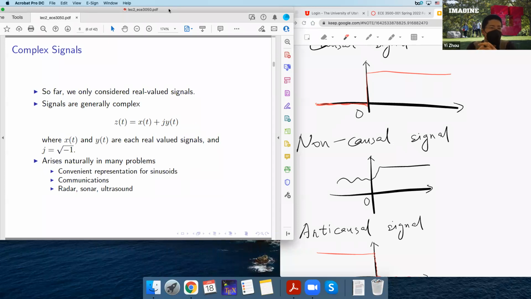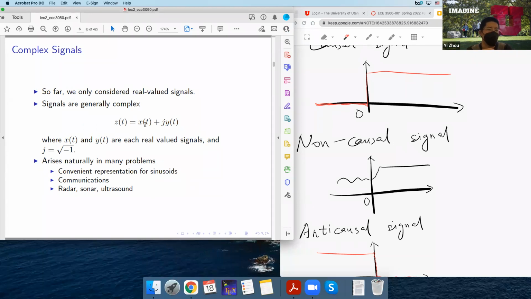And next we talk about complex signals, and this is very simple because we just reviewed the concept of complex numbers. In this course, all the signals that we discuss are generally complex signals, meaning that we write z(t) representing a complex signal, which is basically writing out its Cartesian form.